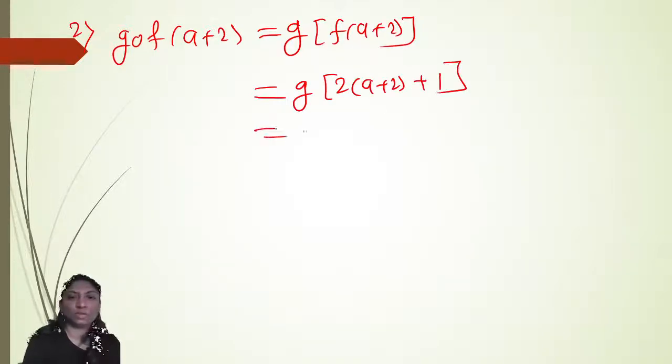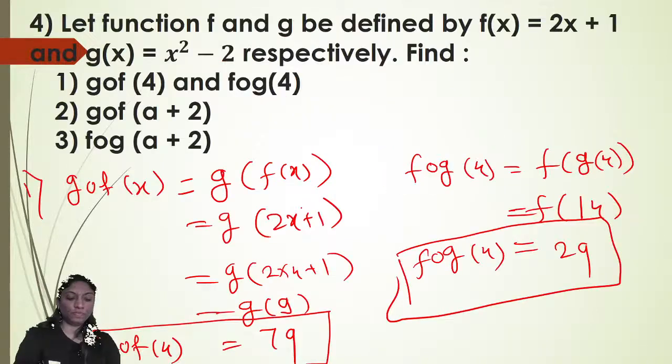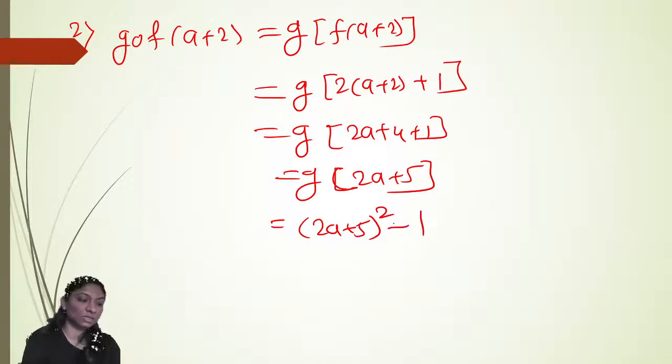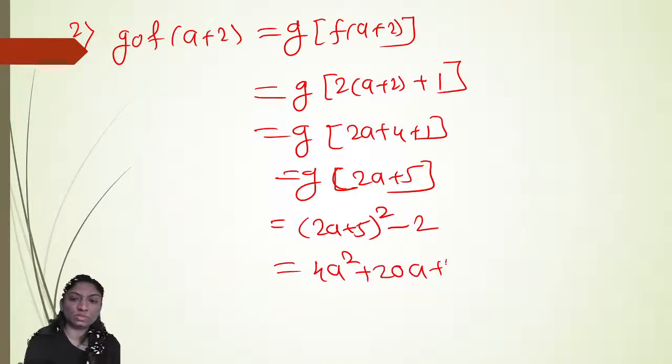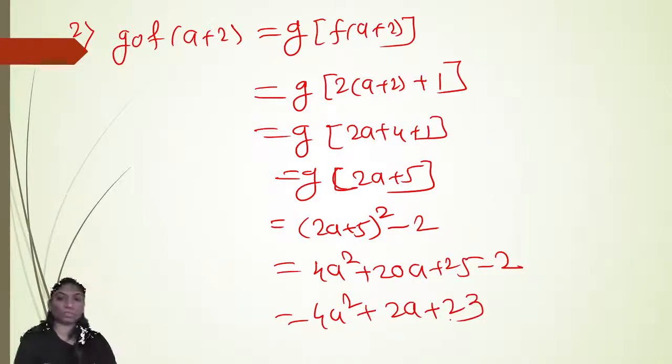Then you will get g of 2a plus 4 plus 1, so g of 2a plus 5. What is your g of x? g of x is x square minus 2. So here you will get 2a plus 5 square minus 2. This gives you 4a square plus 20a plus 25 minus 2, which is nothing but 4a square plus 20a plus 23.